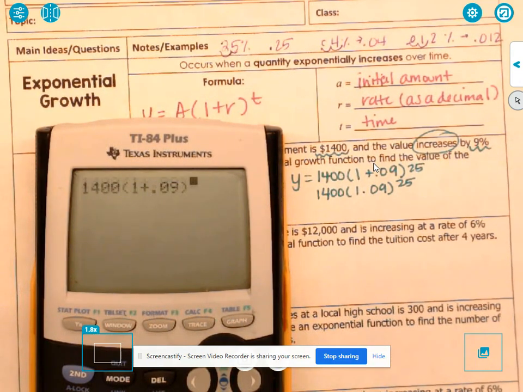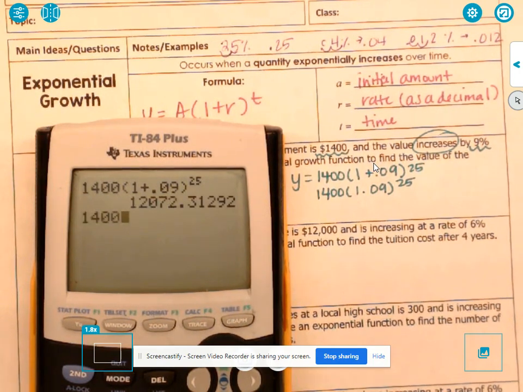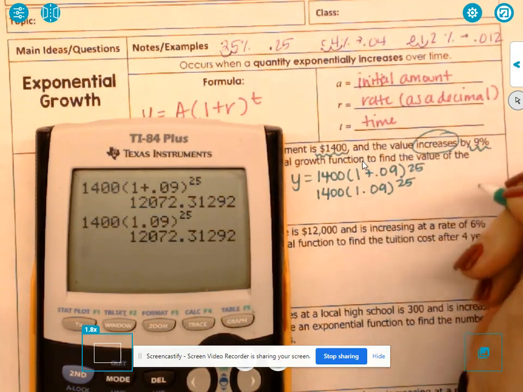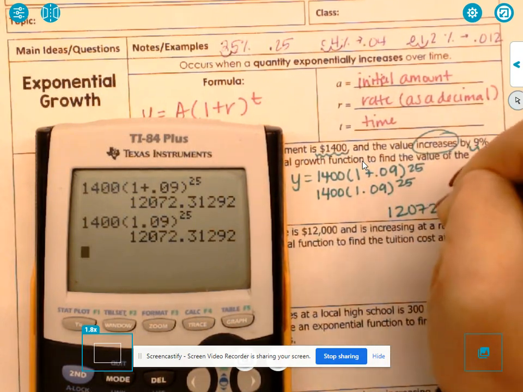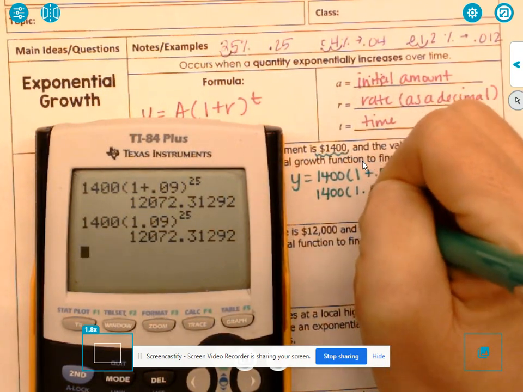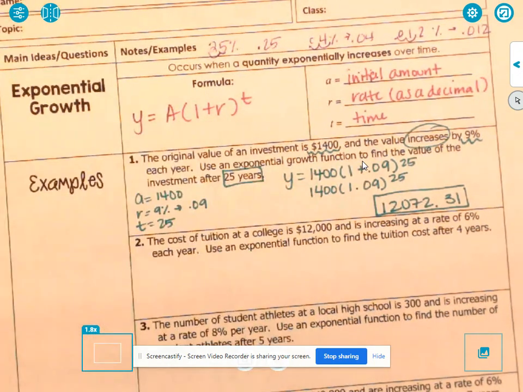If I type in 1400, 1 plus 0.09 raised to the 25th, it gives me that. If I combine it and just make it 1.09 and raise that to the 25th, I get the same exact answer. We are talking about money here, so we're going to round to 2 decimal places, and $12,072.31 would be our answer.